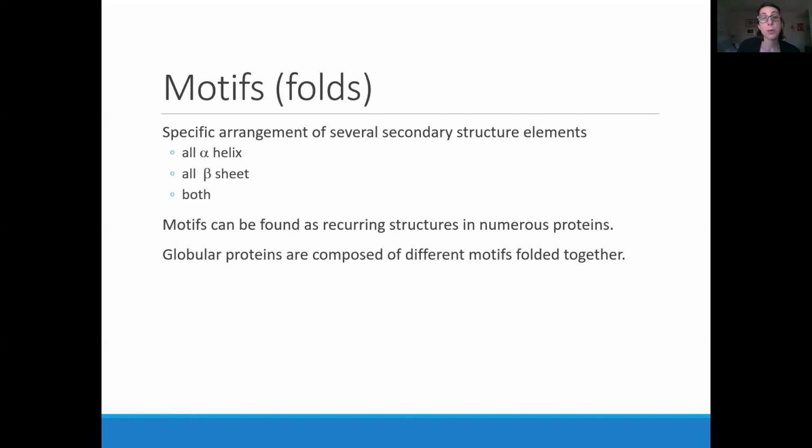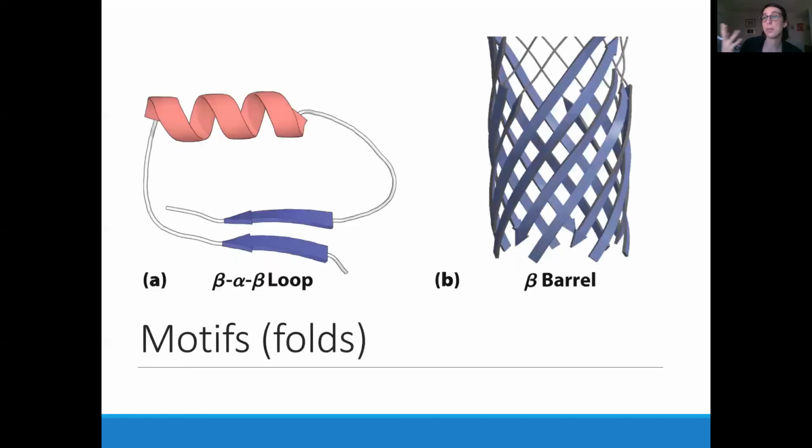Now, these globular proteins are comprised of what we call motifs. This is just a fancy word to say a type of recognized fold, a type of fold we see very often that is in multiple types of protein structures made up of these secondary alpha helix or beta sheet structures. So some examples of those motifs.